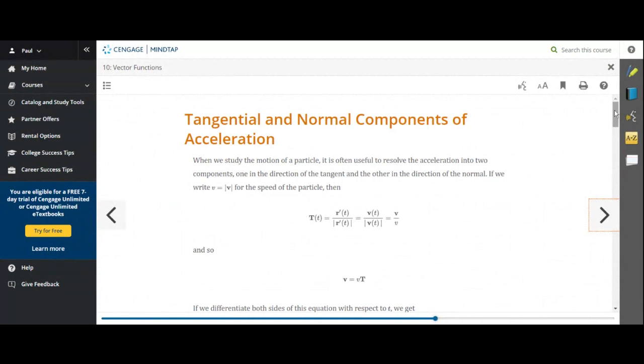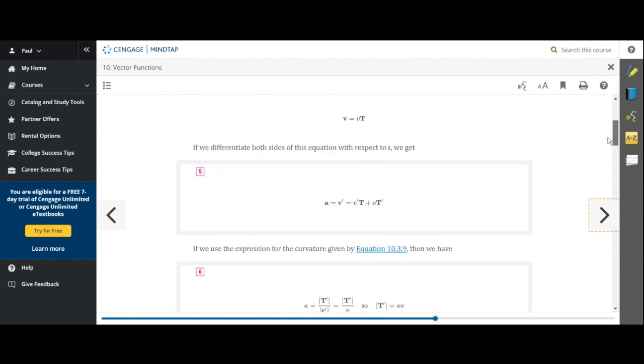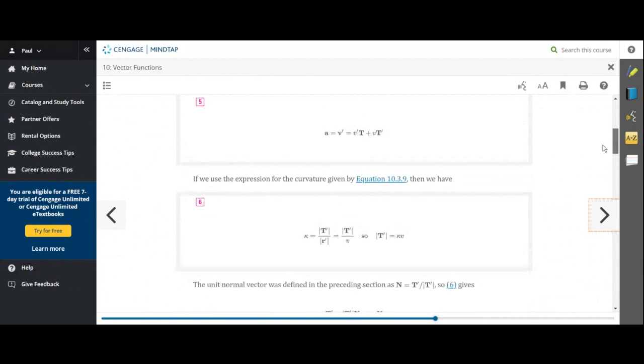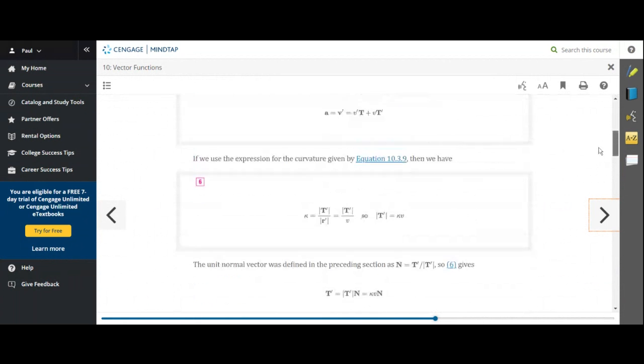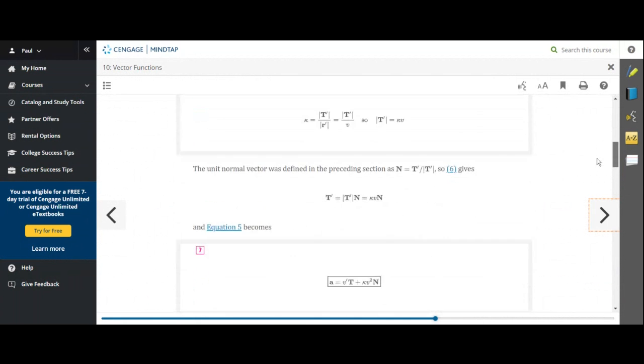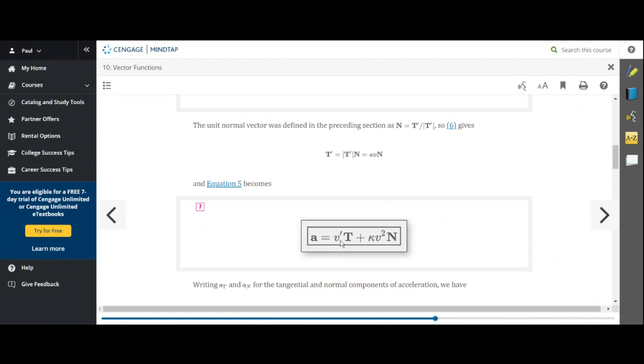So, tangential and normal components of acceleration. Here's what I wanted to show you, figure 7. Really, a lot of this section is just applying formulas, so I'm going to let you study it a little bit on your own. You'll be fine.